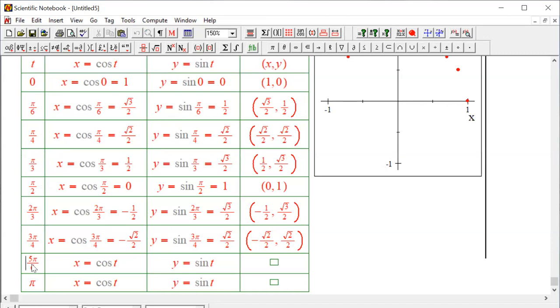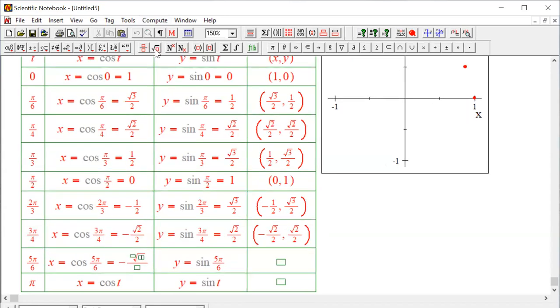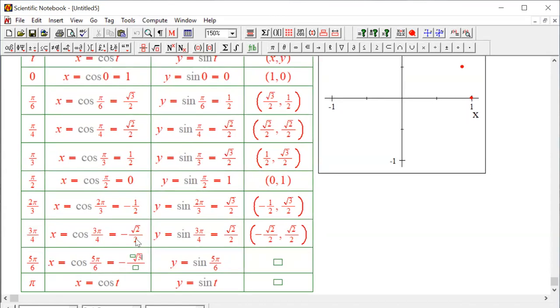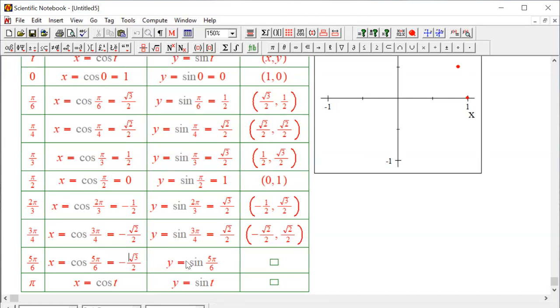Okay, 5 pi over 6, right? Cosine 5 pi over 6 equals negative root 3 over 2. And sine 5 pi over 6 equals positive half.